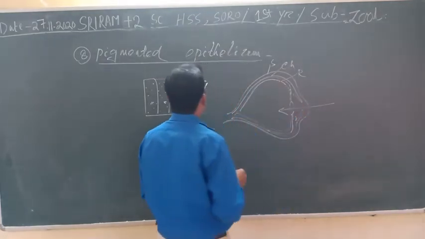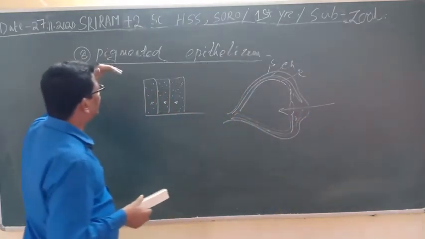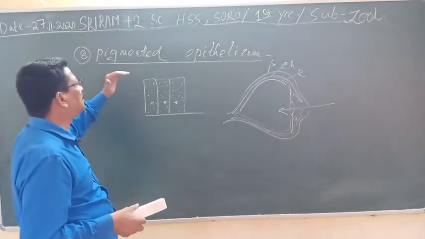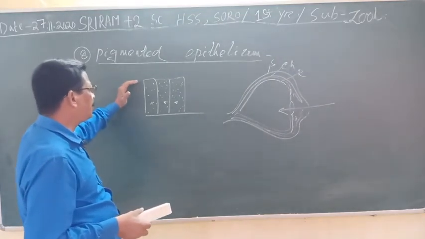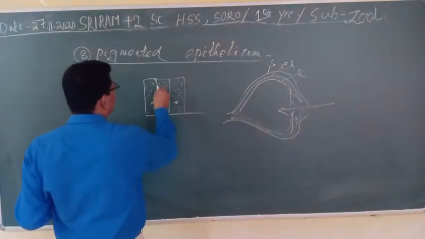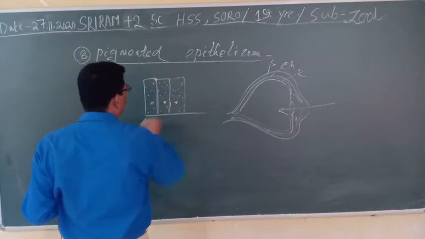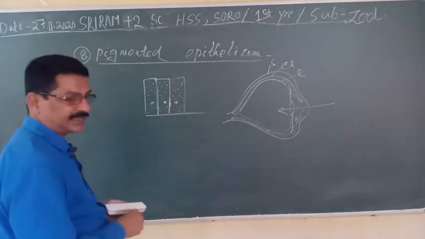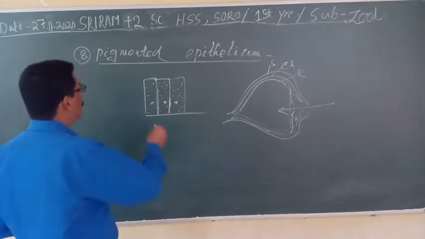So let me repeat again. The pigmented epithelium is the epithelium which has been modified from the columnar cells, that is, the modified form of the columnar epithelium, where the cells contain a large number of pigments.